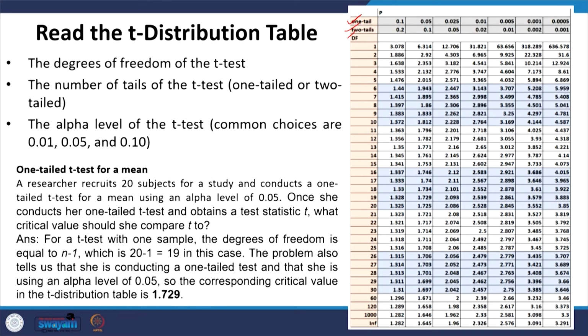Once she conducts her one tailed t test and obtains a test statistic T, what critical value should she compare T to? So what is the critical or tabulated value of T?